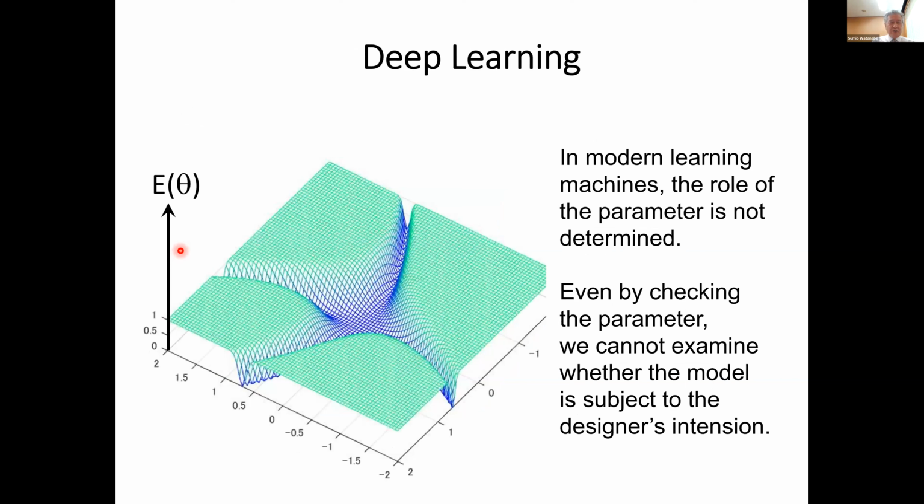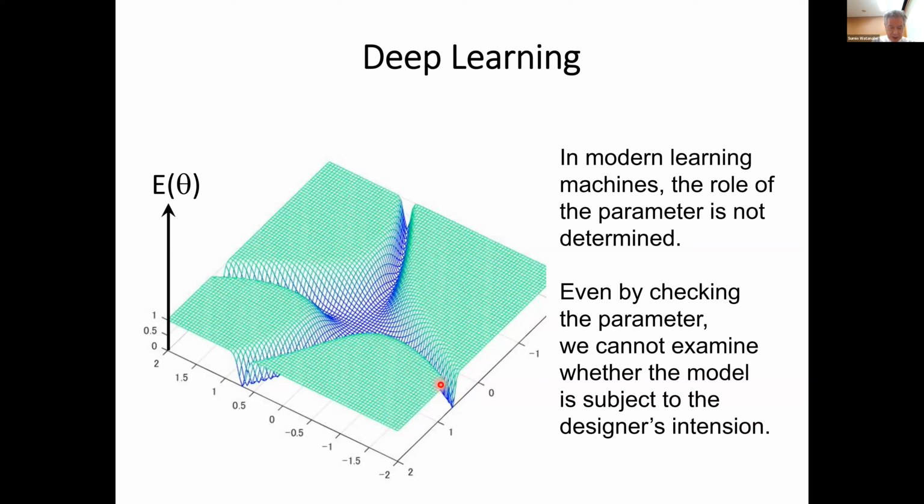This is the square error of deep learning. Here, the horizontal axis is the parameter θ, and this is the square error. In modern learning machines, the role of the parameter is not determined. Even by checking the parameter, we cannot examine whether the model is subject to the designer's intention.